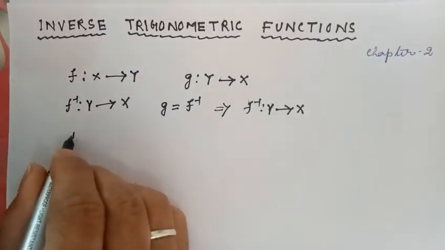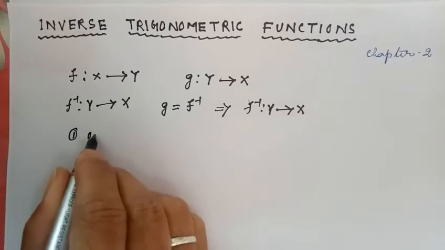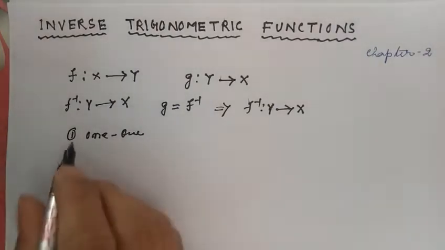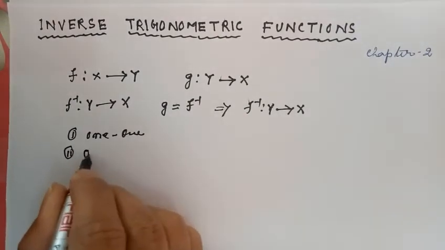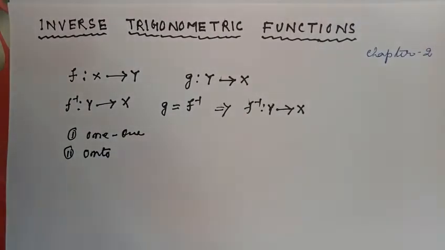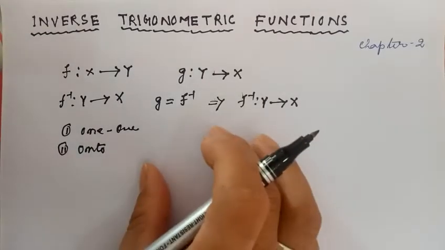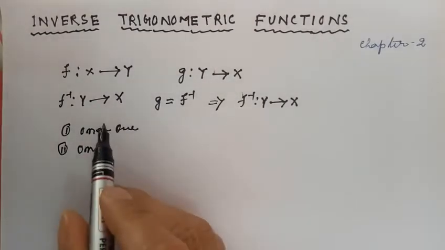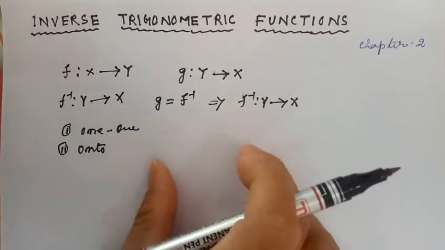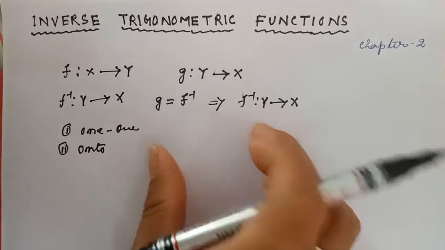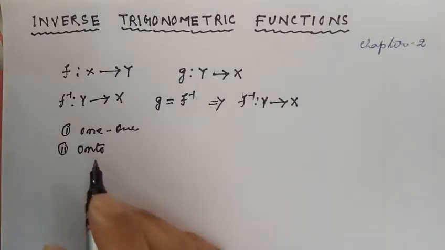Number one, one-one. Number two, onto. Invertibility of a function is only possible when the function becomes one-one and onto. Otherwise invertibility is not possible.